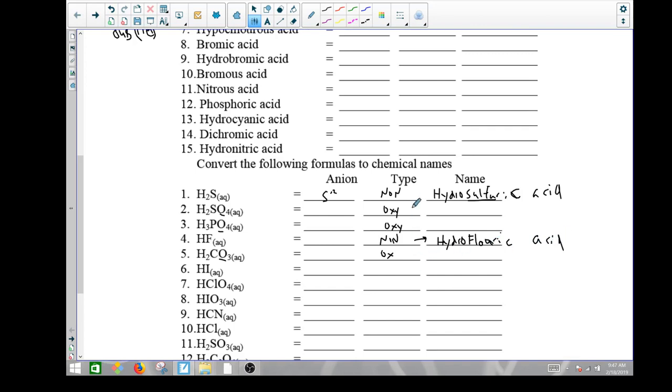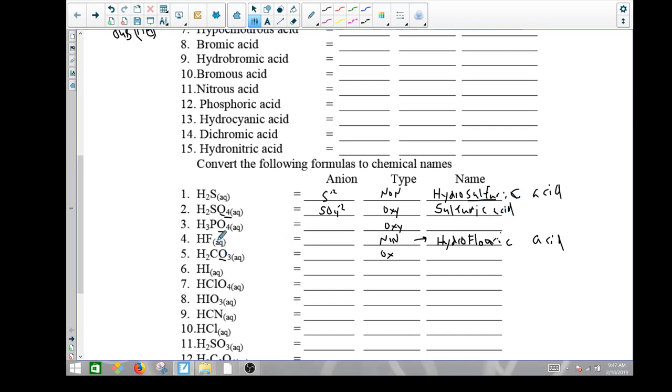And then the oxys are all the same. Now for the oxy, again, we have to pick between ic and ous. So that's sulfate, SO4 minus 2. So I'm going to go sulfur, that's the standard prefix, and end it in ic acid.